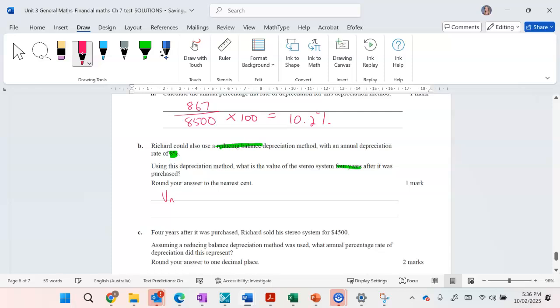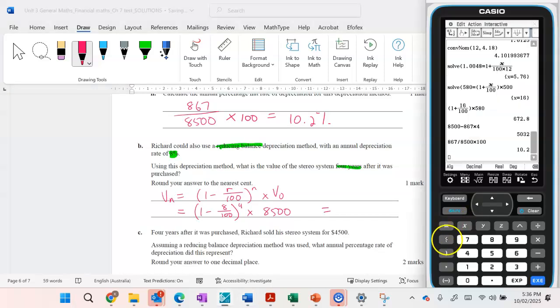So if I'm writing the rule, Vn is equal to R. So when you're depreciating, it's 1 minus your annual interest rate over 100, and then to the power of n times V0. All right, so that's our rule. So just substituting everything in, 1 minus 8 over 100, we're doing it for 4 years, to the power of 4 times 8,500, our initial value.